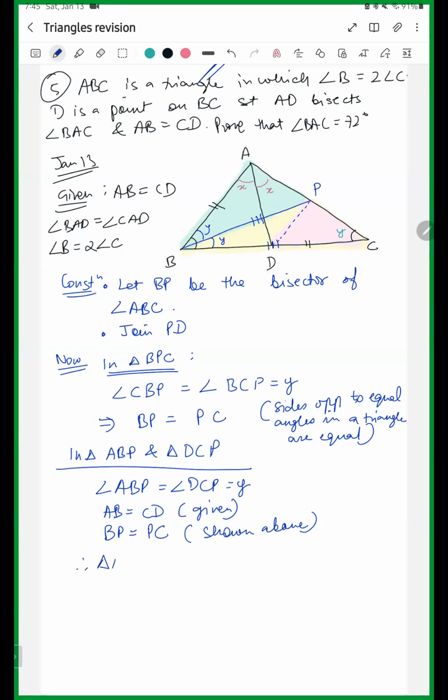Therefore, triangle ABP is congruent to triangle DCP by which rule? SAS.